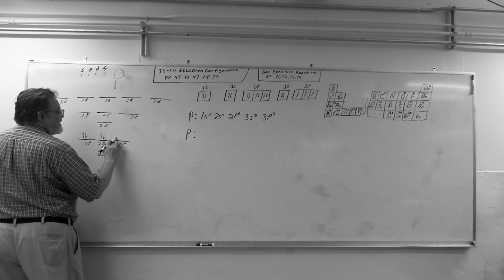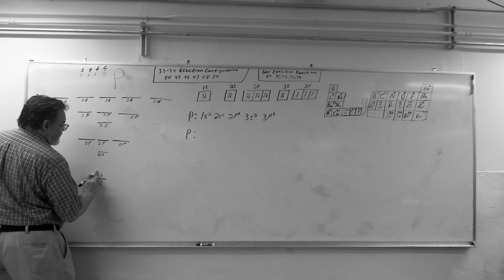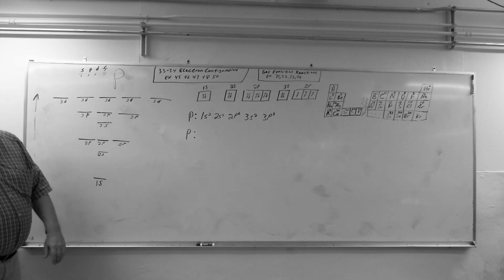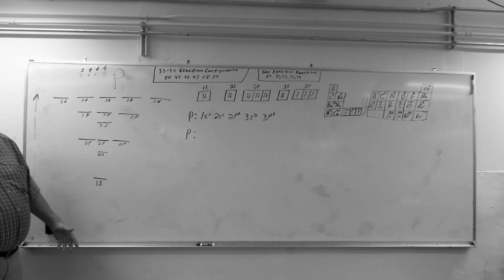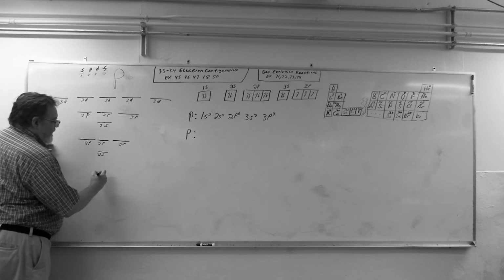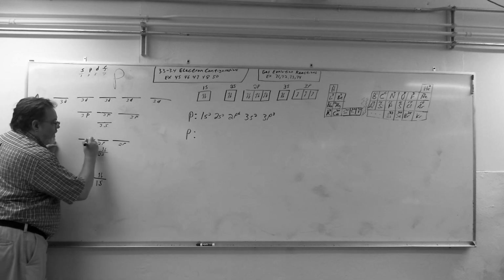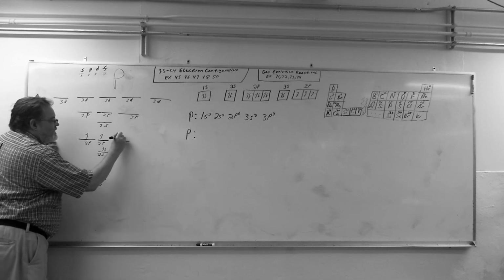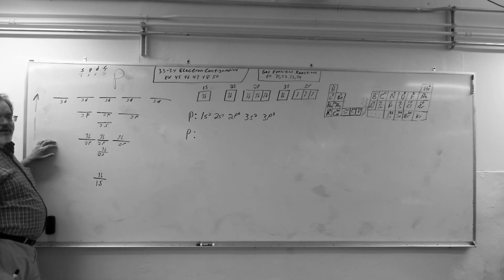You build that diagram. Then you go to the periodic table and you look at neon and you go, 10 protons, that means neutral neon has 10 electrons. And you follow the pattern while you count: 1, 2, 3, 4, 5, 6, 7, 8, 9, 10. There's the electron configuration of neon.